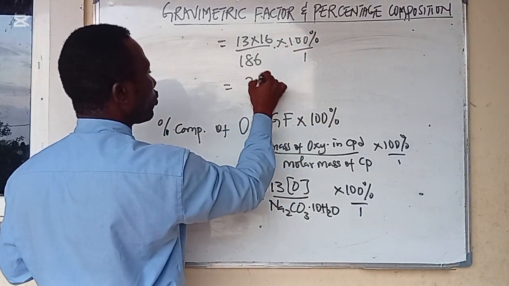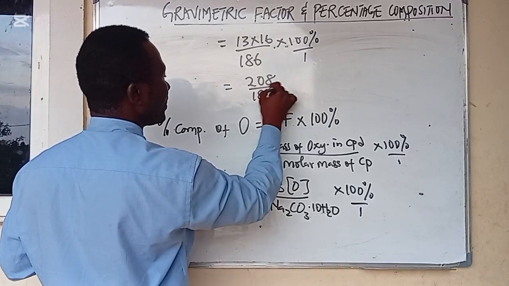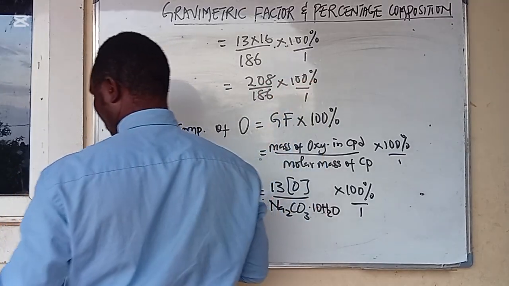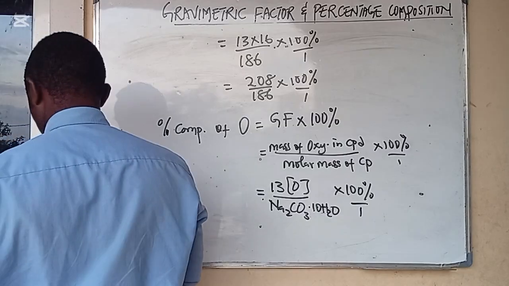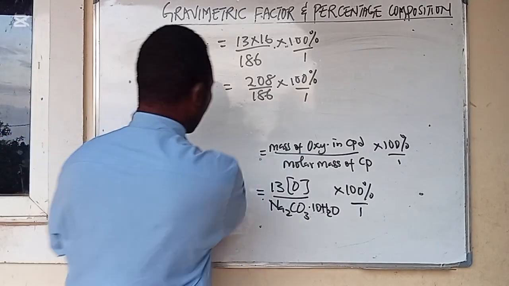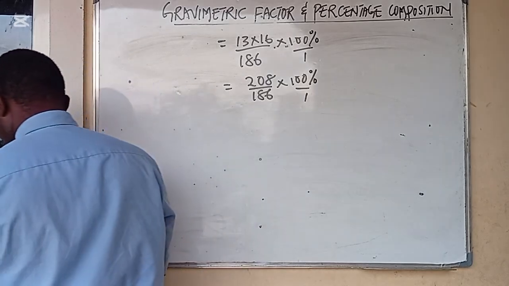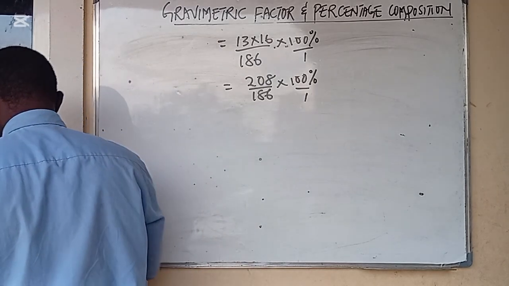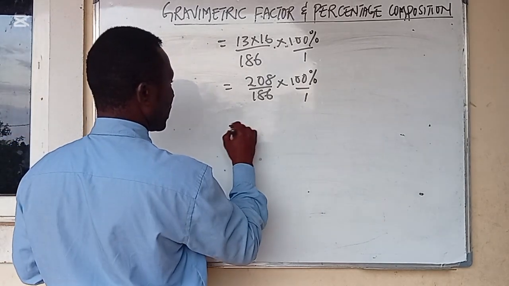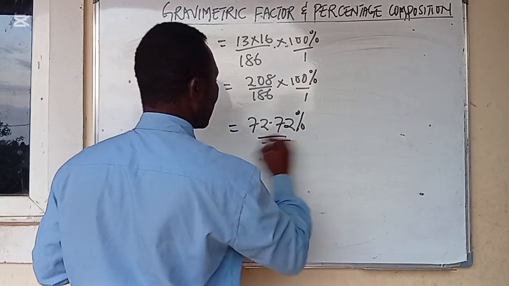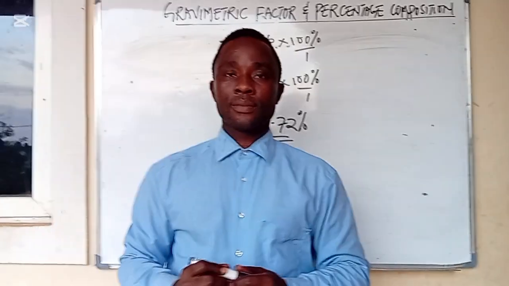That is 208 over 286 times 100% over 1. When we use our calculator, we are getting 72.72. So that will be 72.72% as the answer.